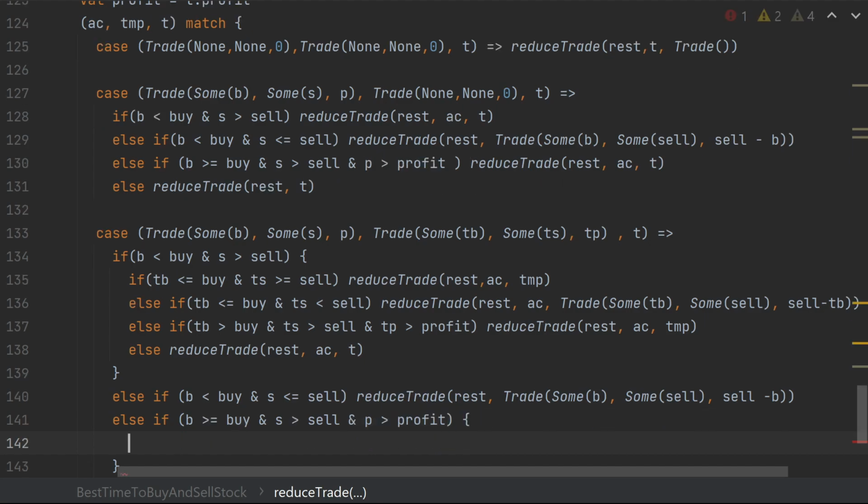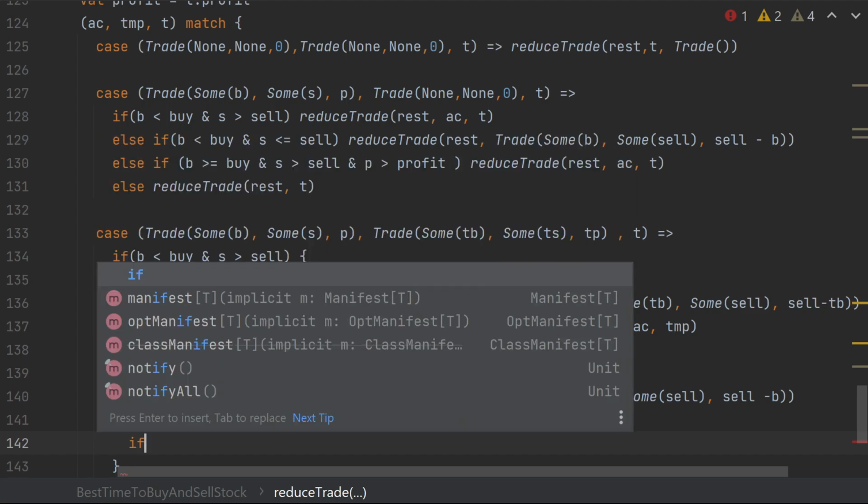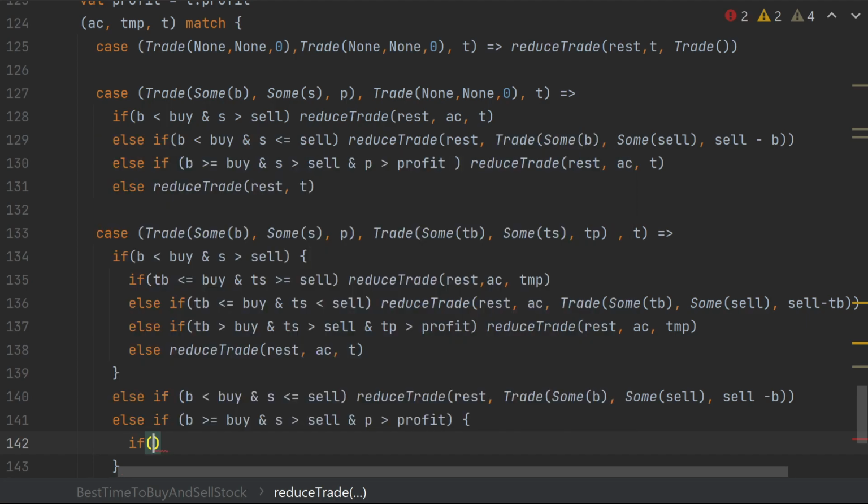Now there are multiple possibilities. In this case, we know that there is no change in the initial value that we are going to add, that is the reduced value, but there could be a change in the temporary buffer. So let's see if we are going to make any change. So TB is going to be less than pi, and the TS is going to be greater than sell.